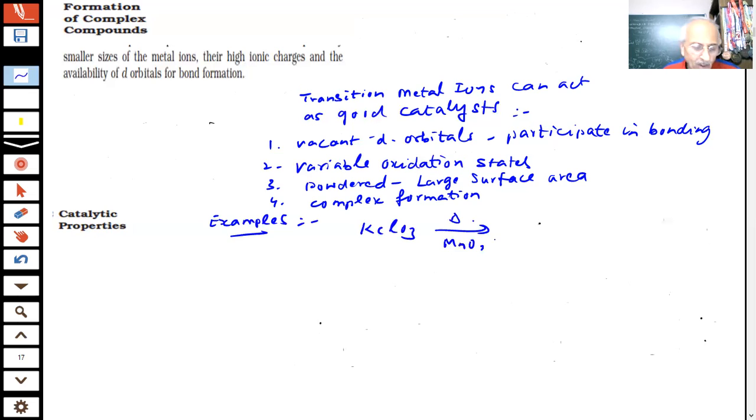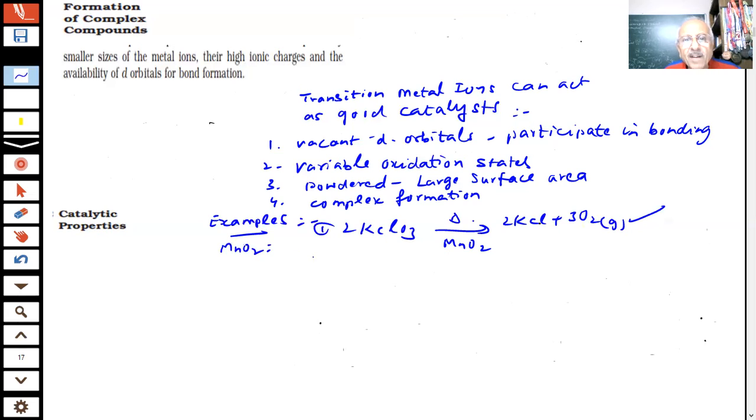You are adding MnO2. This reaction becomes very fast. When we prepare oxygen gas, you use manganese dioxide as a catalyst. MnO2 is a catalyst in the decomposition of potassium chlorate.